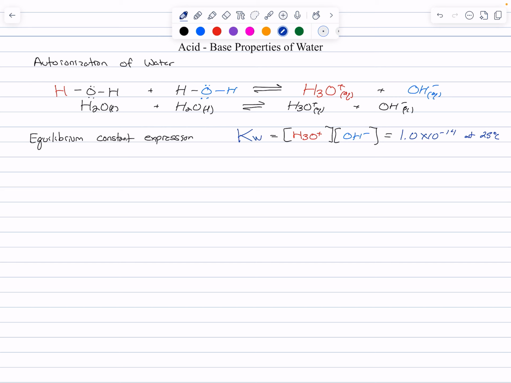Well, what does that mean? When we talk about water, there are properties, and we want to know how much hydronium and hydroxide there is. So we've got hydronium here, and we have hydroxide. Hydronium is the solvent cation.